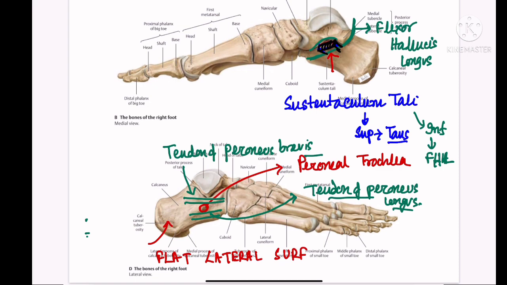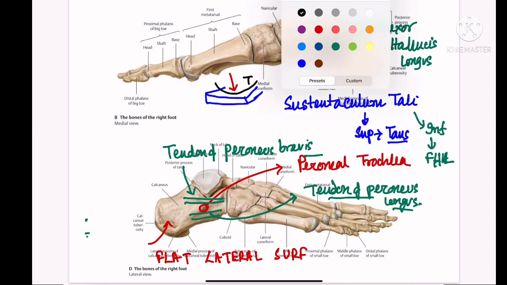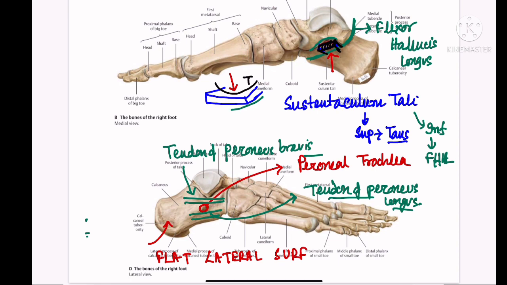If we separately draw the sustentaculum tali, this is a shelf-like projection from the medial surface of the calcaneus. It has a superior surface on which there is the talus bone. Inferior surface, there is the tendon of the flexor hallucis longus, and this is the medial surface.